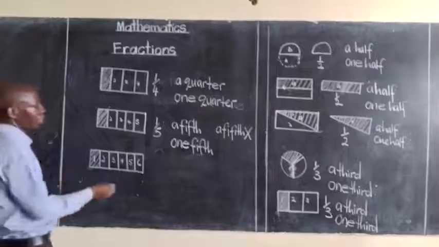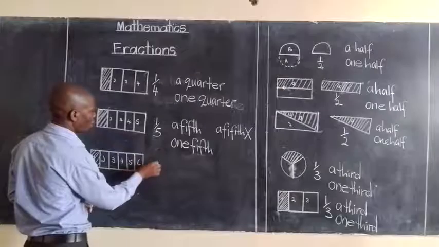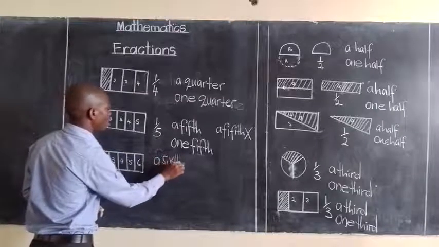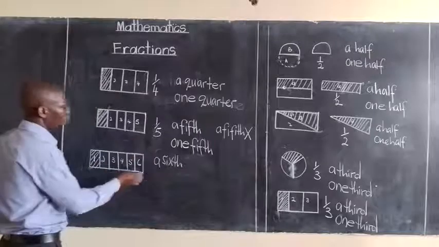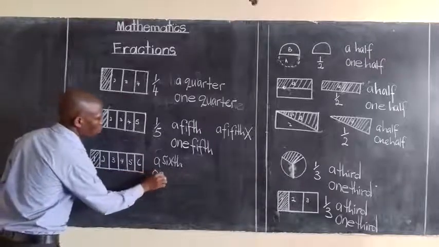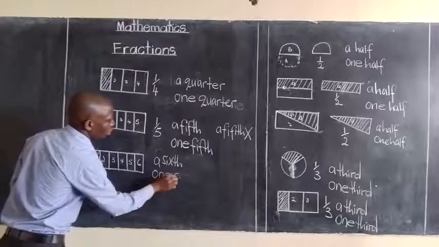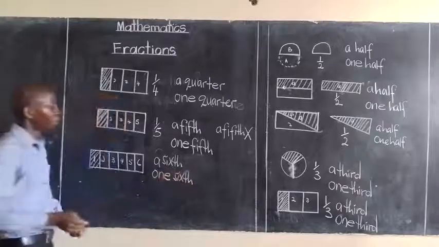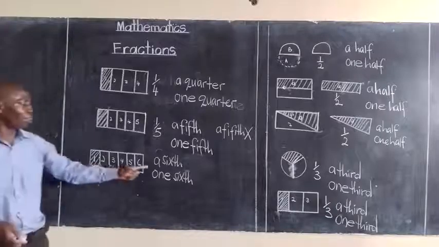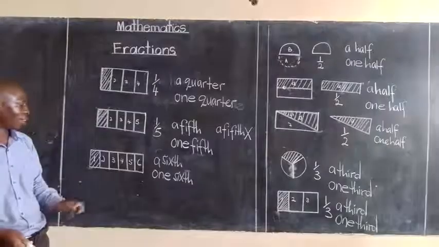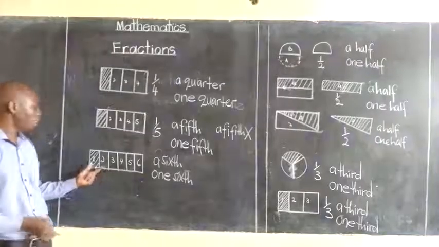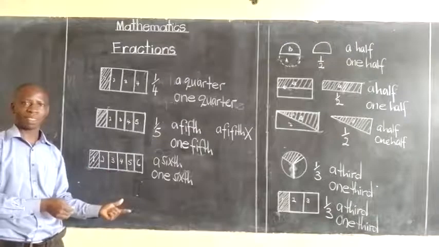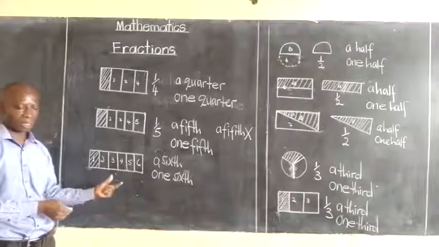This one is read as 1/6th or a sixth. You can read it as 1/6th or a sixth. If there are 2 parts shaded, then we can say 2/6th.